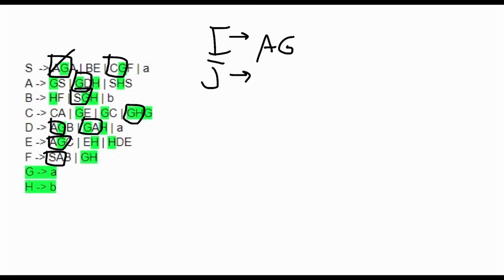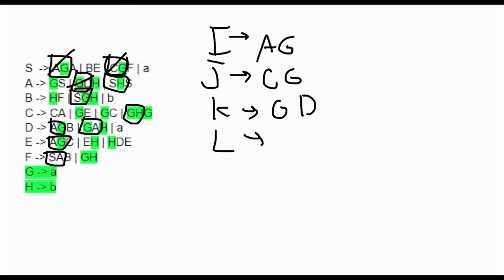We'll replace right here CG. Then we're going to run with K. It's going to replace GD. Oh, we forgot the SH right there. We're going to have L replace SH as well.